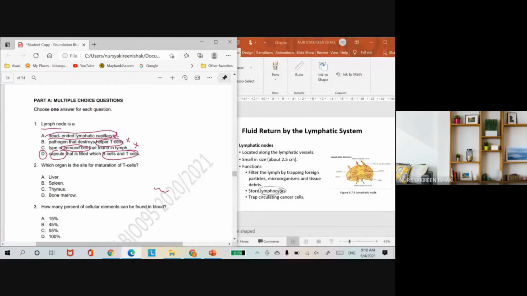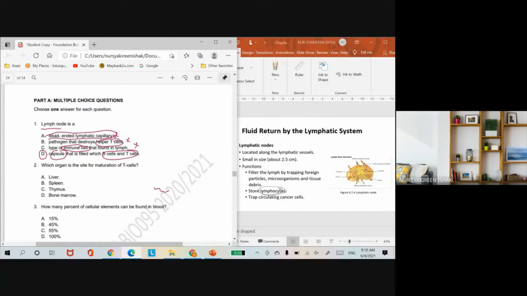When your heart pumps the blood into the artery, the artery carries blood at high pressure. Due to the high pressure, the excess fluid within your blood plasma enters into the interstitial fluid. But when the interstitial fluid enters back into the lymphatic capillaries, we call it lymph.